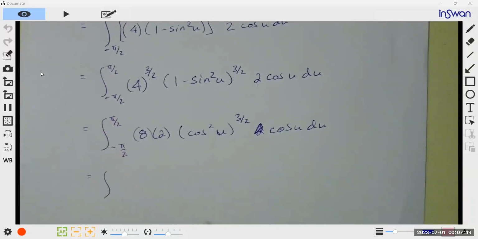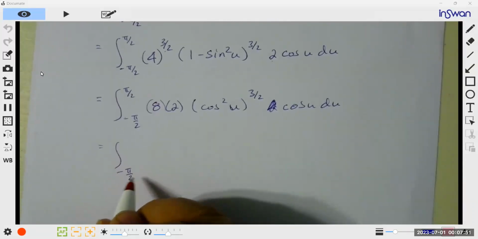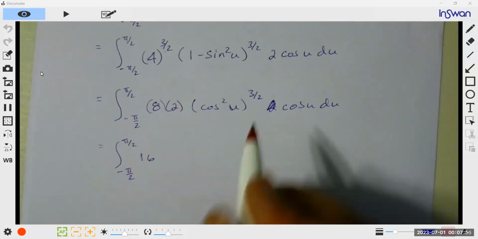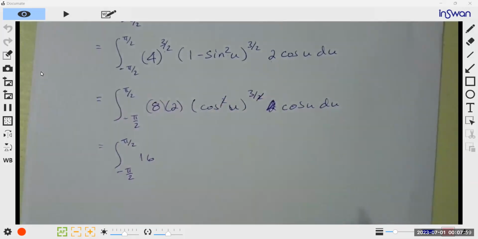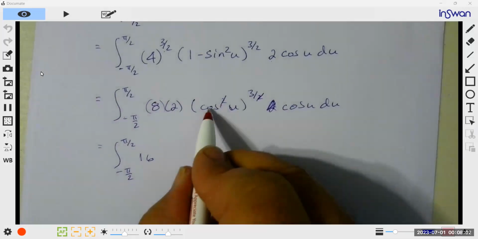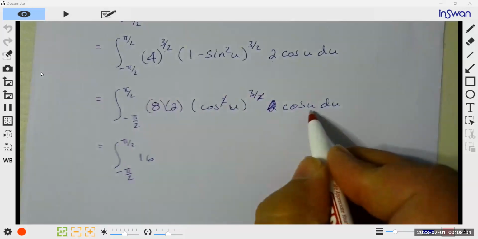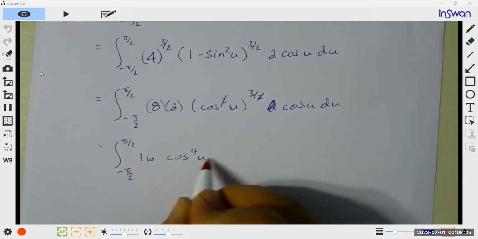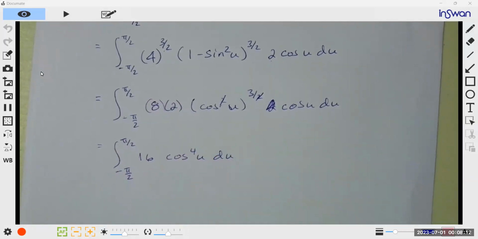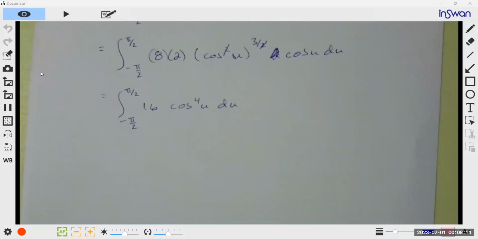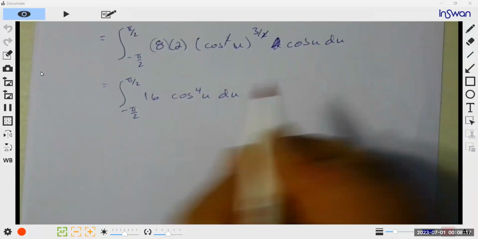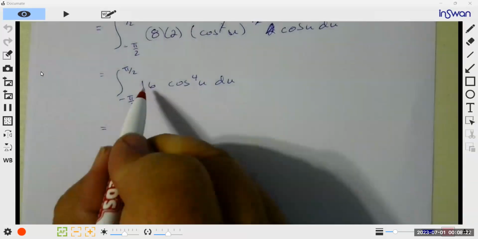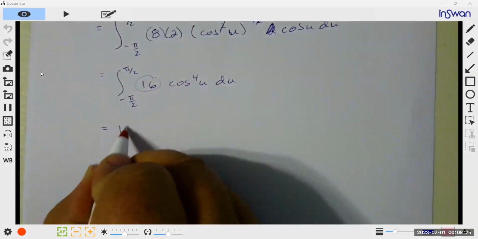So what do I have now? 8 times 2 is 16. The square and the square root disappear. So this becomes cosine cubed times cosine, makes it cosine to the 4th u du. All right, this is a constant. Let's take it outside.